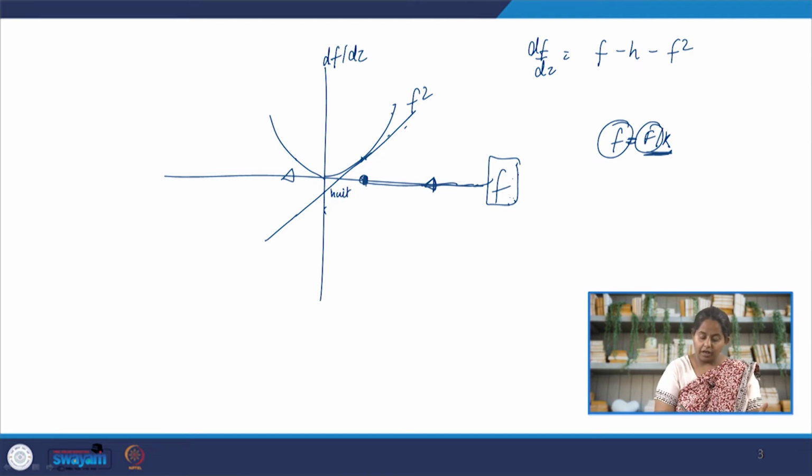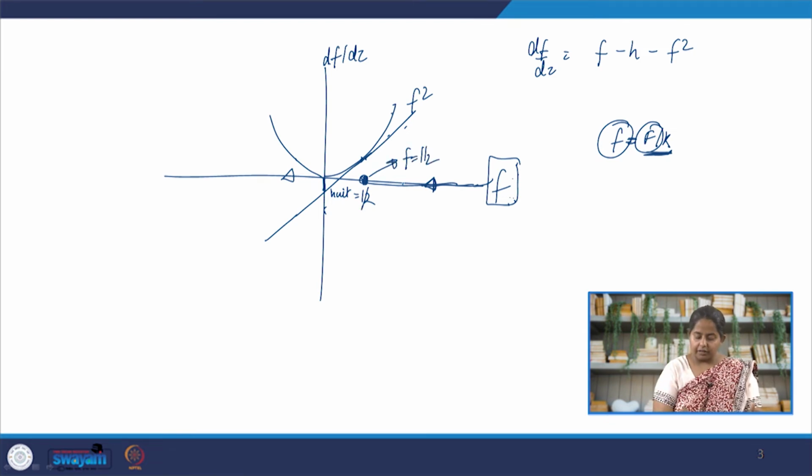except when we are starting at a value of f larger than half. Notice that here h critical is equal to half, f is also equal to half.